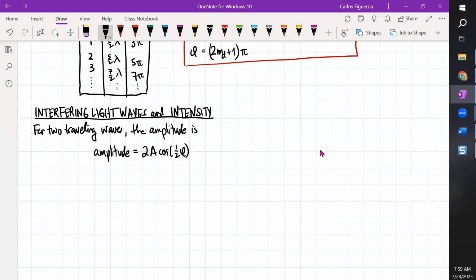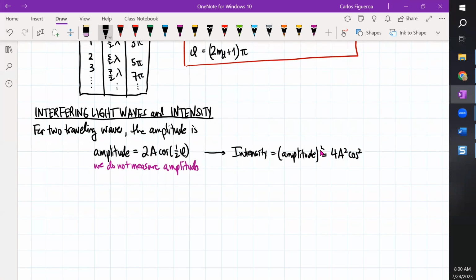But we don't measure amplitudes, okay? We do not measure amplitudes. What we measure is intensity. So when I look at the intensity, we see that the intensity, which is the amplitude squared, has to be 4a squared cosine squared of 1/2 phi.